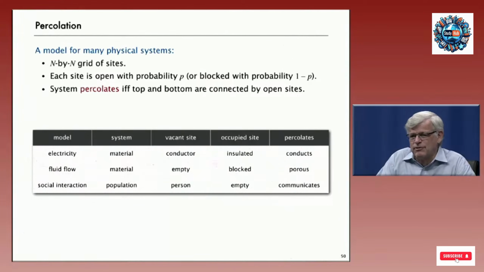So that's a model for many systems. For electricity, you could think of a vacant site as being a conductor and a blocked site as being insulated. And so if there's a conductor from top to bottom, then the thing conducts electricity. Or you could think of it as water flowing through a porous substance of some kind, where a vacant site is just empty and a blocked site has got some material, and either the water flows through from top to bottom or not.